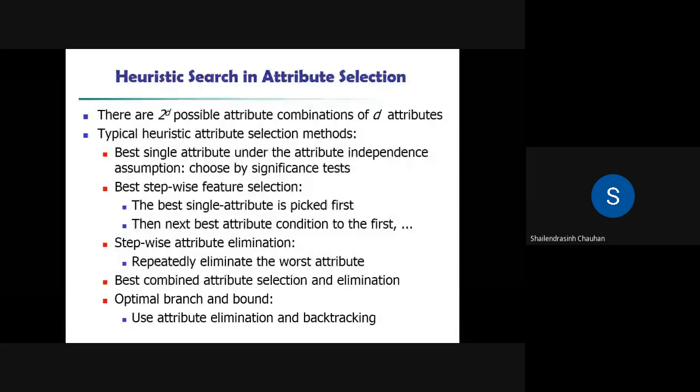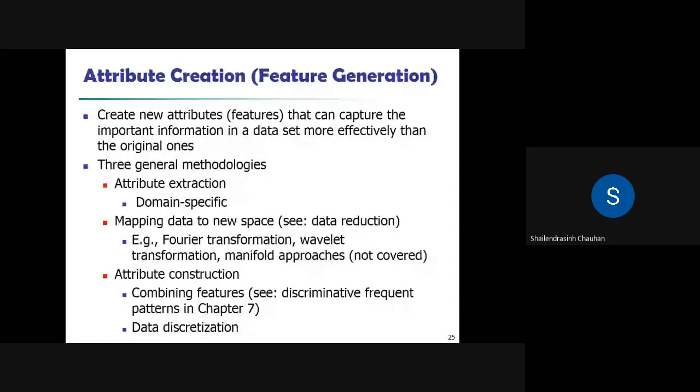Fine. So the next is heuristic in the same one. Let us move ahead. Attribute creation, that is also known as feature generation. Here, let us say you are having around 100 attributes in your data set. From a few attributes you can create a single attribute.